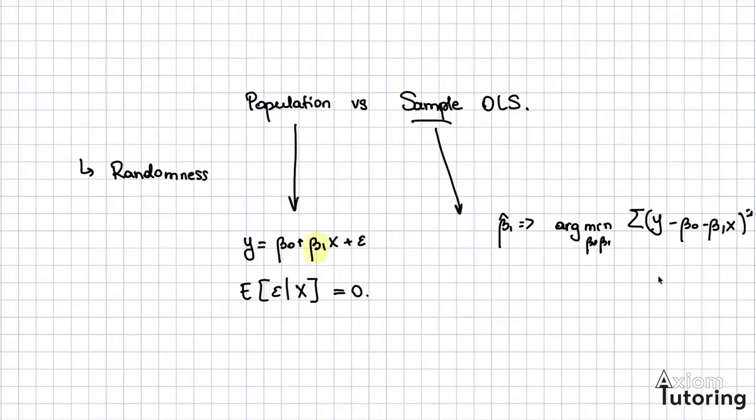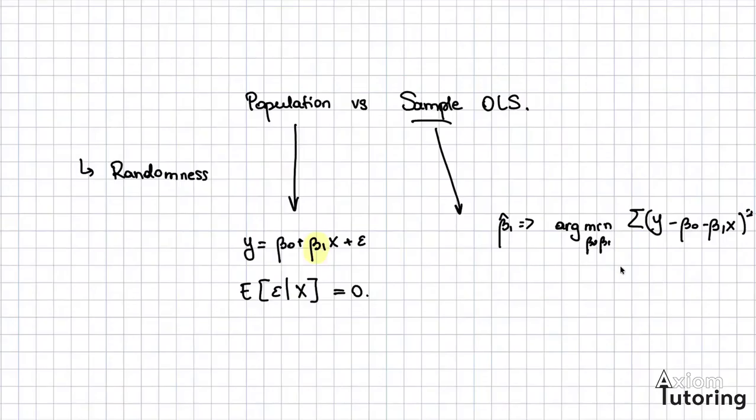We are minimizing the squared misses, basically the mistakes we've made, but now it's based on the data that we have, not the entire population, which means that every new sample is going to give you a slightly different slope and intercept, because we have slightly different x's and y's in that new sample.